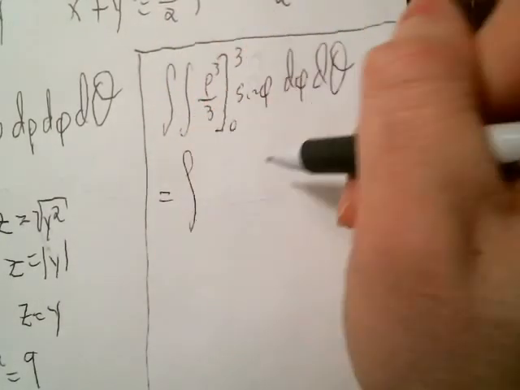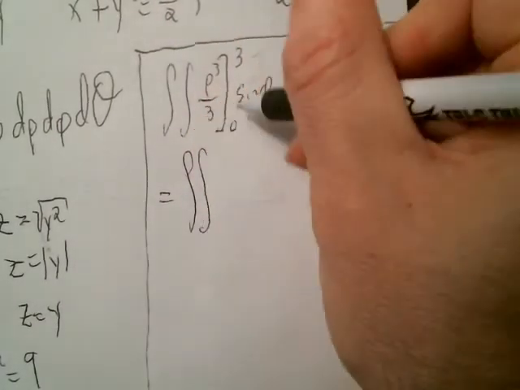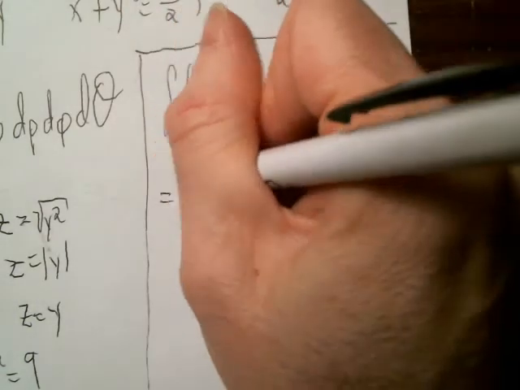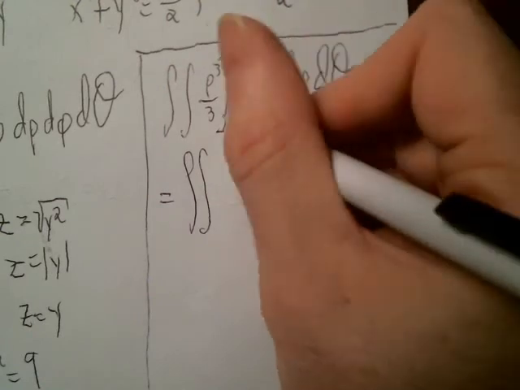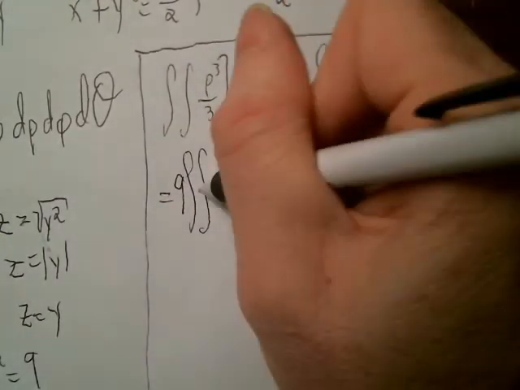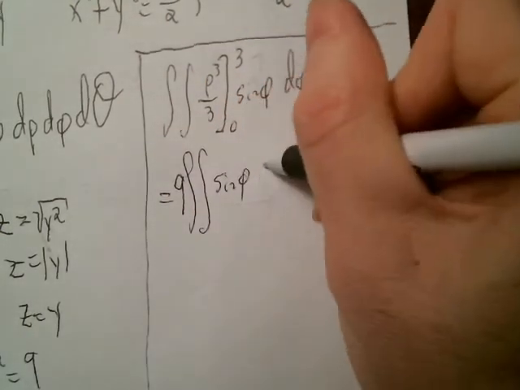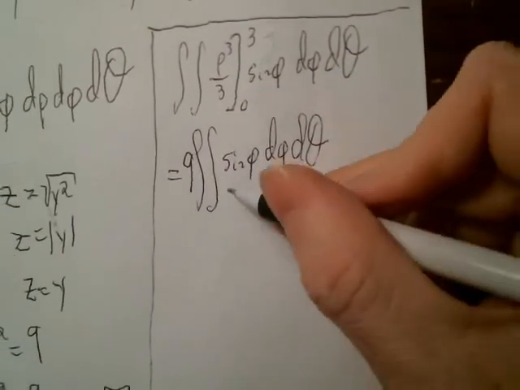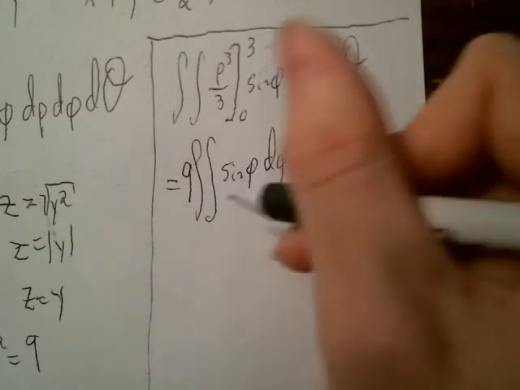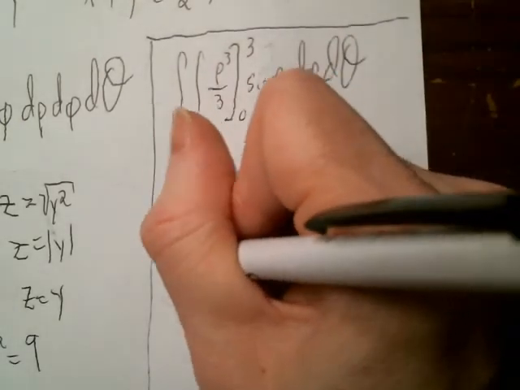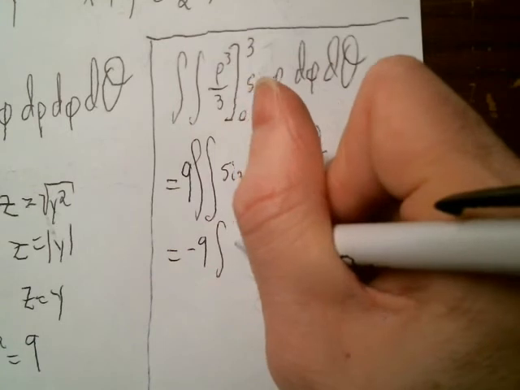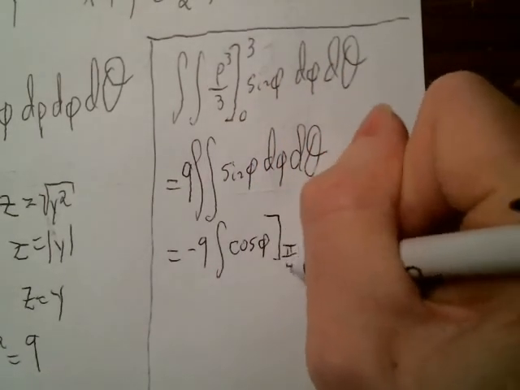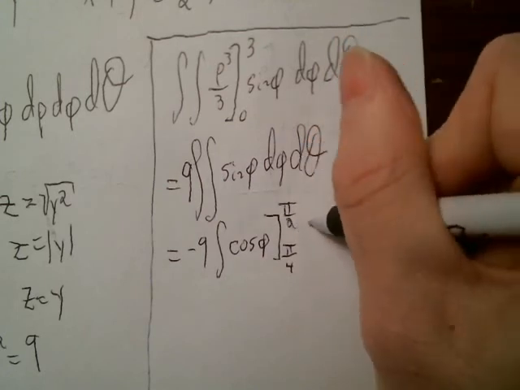So this will be 3 cubed is 27 over 3 is 9, minus 0 over 3 is 0, so I can factor out the 9, and then I have sine phi d phi d theta. The integral of sine is negative cosine, so I'll factor out the negative. I have 9 times the integral of cosine of phi from pi over 4 to pi over 2, and then d theta.